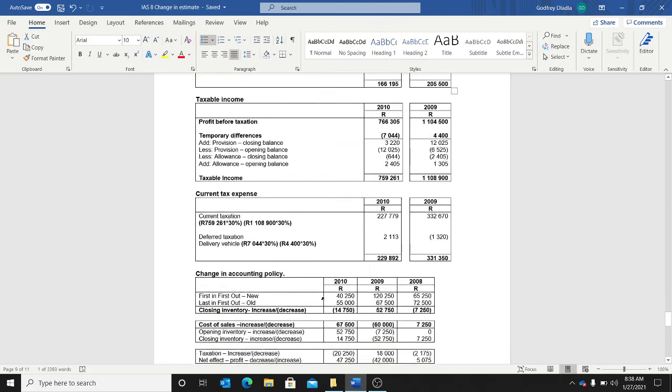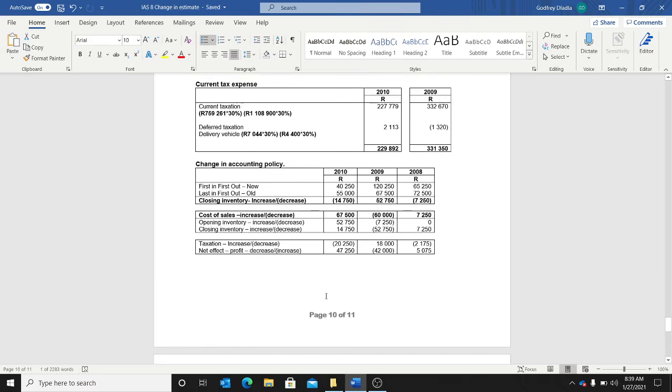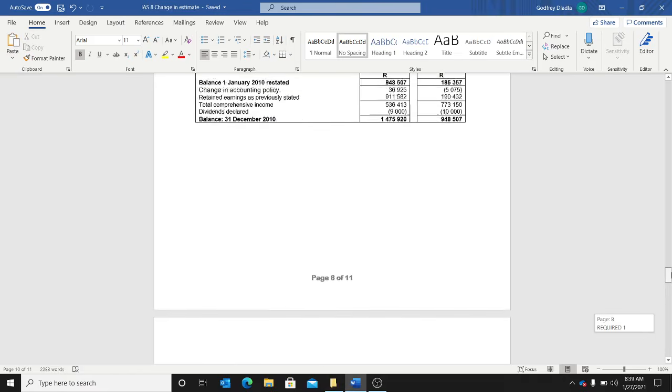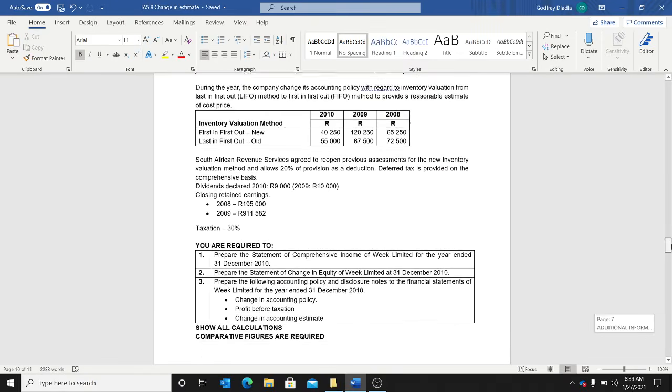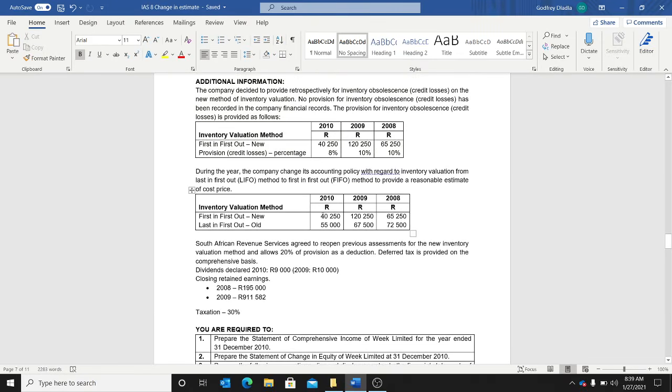Now, let me at least also take you guys through this calculation, because this calculation is always important so that students can also understand what they are doing. Okay, now you've got this table here given to us.